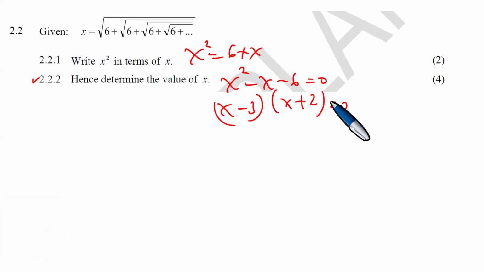So we're able to see that x is 3 or x is minus 2. Pay attention to these and realize that these x's are a continuation of square roots, like continuous radicals. So x cannot be a negative number because the square roots are themselves positive, meaning x can only be 3, and 3 is the answer to the question.